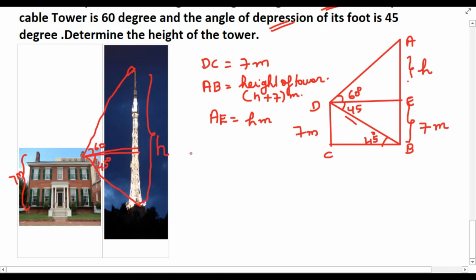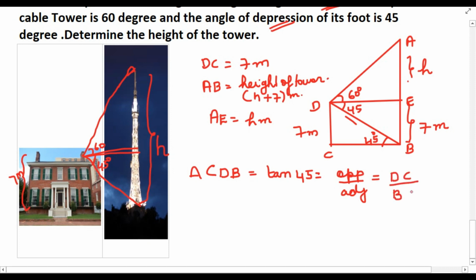Now first we will consider the right angle triangle CDB. In the right angle triangle CDB, what is tan 45? The formula for tan is opposite side by adjacent side, and the opposite side is DC and the adjacent side is BC.